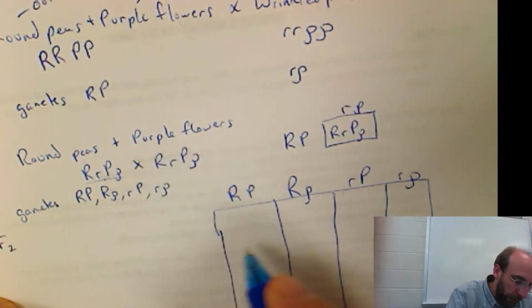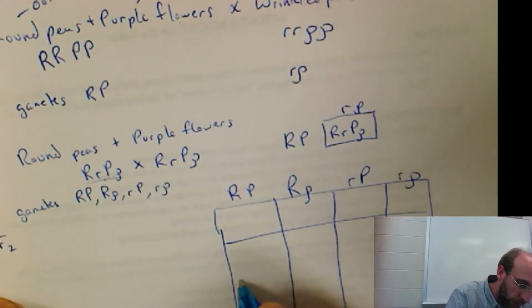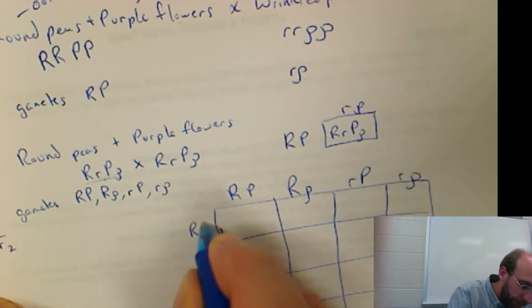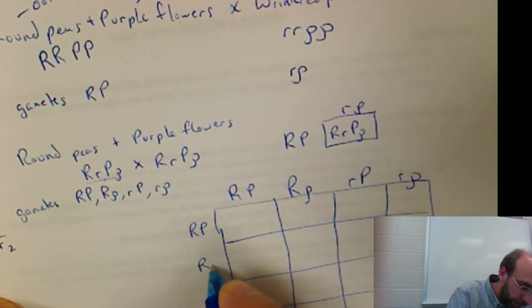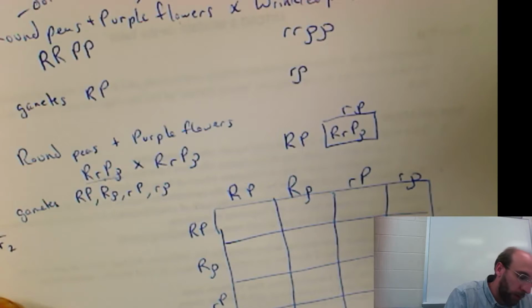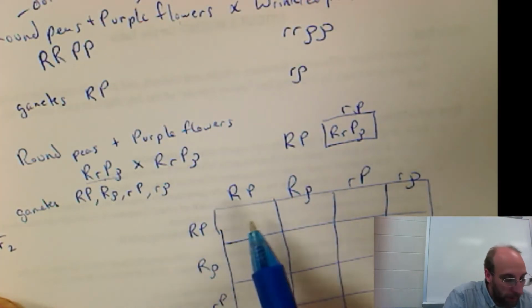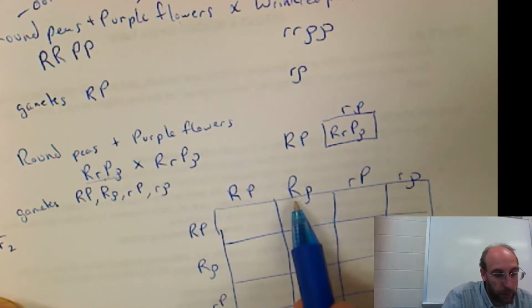Okay, and then the other parent too produces the same gametes, so I'm going to write those down too. Then I fill out the combinations. Just be aware again, there's always one of each gene in each of the gametes.